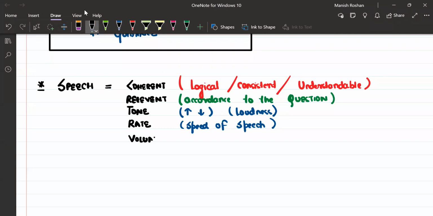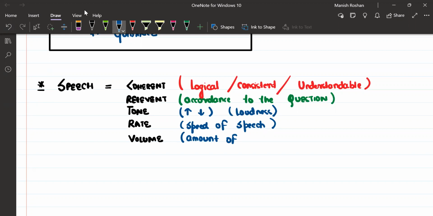Then volume. Many times people get confused about what volume is as far as speech is concerned. It's not regarding the loudness that has been covered by the tone. Volume denotes the amount of speech. Sometimes the patient answers a lot in response to a question, keeps on giving responses, and it becomes really difficult for the interviewer to stop.